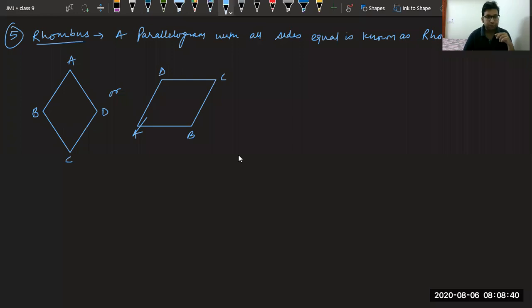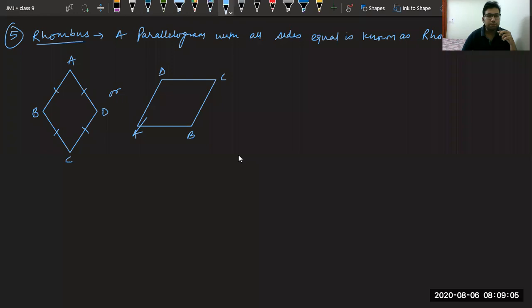So a parallelogram with all sides equal is known as Kaju Katli is a cuboid. Oh my god. Going in 3D. I am taking it as 2D. That's why. Don't take it as cuboid. Cuboid is your eraser that you use, Natraj eraser.